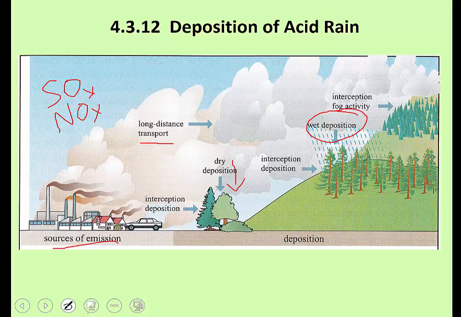And then you get what is known as interception deposition. And interception is where the material is taken up in the gas form by plants and by trees, which, first of all, creates issues with the nutrient levels in the plant. So when they're taking those up and it's creating acid forms within the plants, it affects their ability to absorb nutrients.